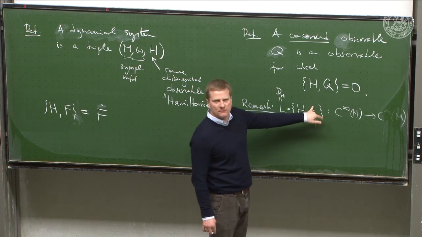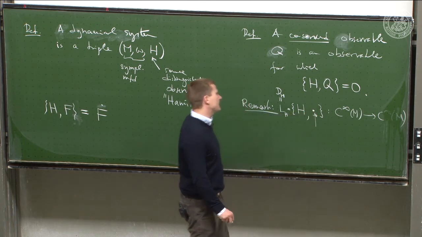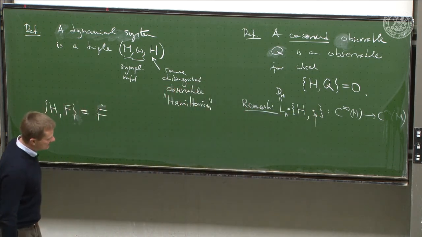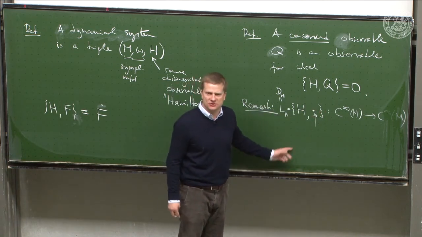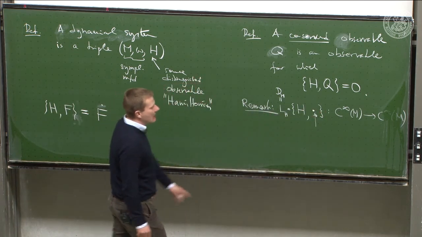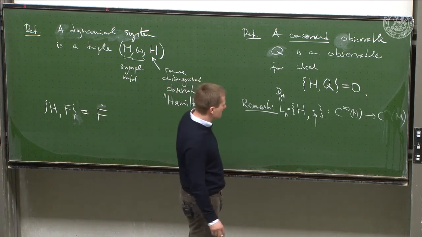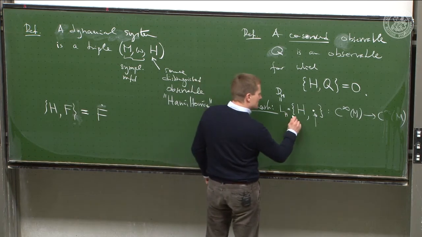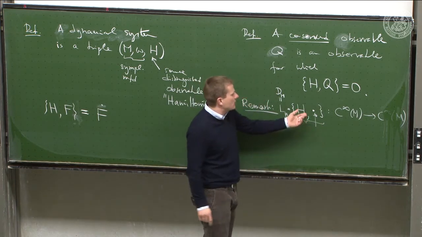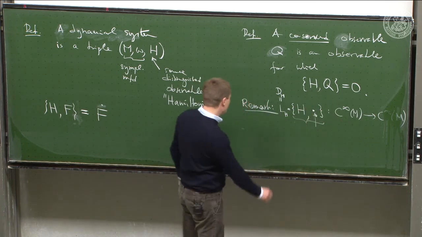Well, because the Poisson bracket ultimately also satisfies the Jacobi identity, which I said. But where I want your attention is that this object, you can plug something in, something comes out, what is it?